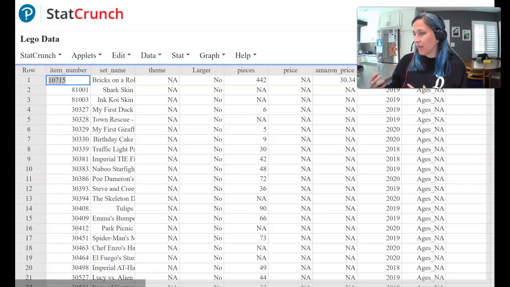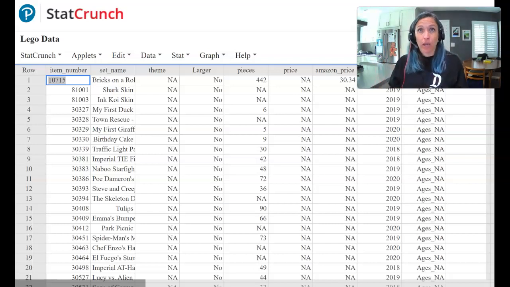And so I'm thinking again about those themes, right? We were looking at Friends versus Star Wars and seeing if the price was similar across them. Before, we didn't have a test to do that, we were just looking at box plots and summary statistics and trying to see, is there a difference in price point depending on which kind of Lego you're grabbing. So let's go ahead and do ANOVA.